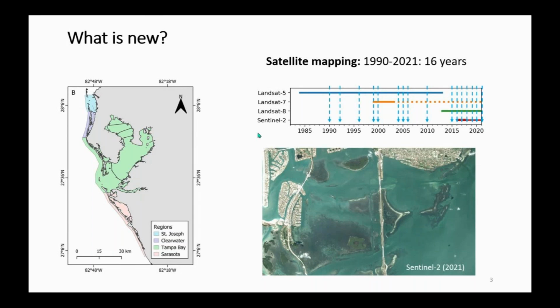The continuous annual mapping was possible after 2015, given the number of images, especially from Sentinel-2, which provides better image resolution and many more images per year than Landsat satellites. So Sentinel-2 was preferred for seagrass mapping after 2016.